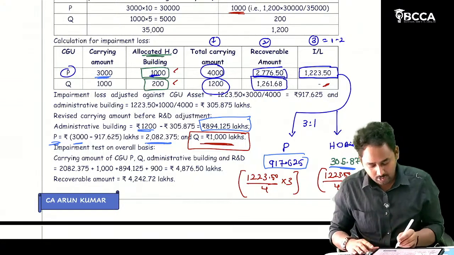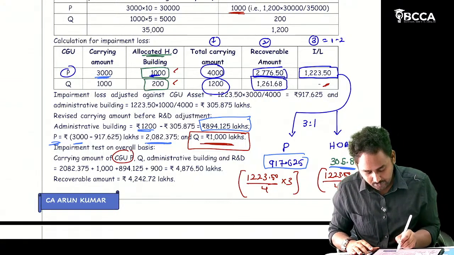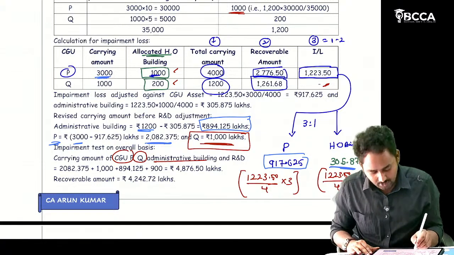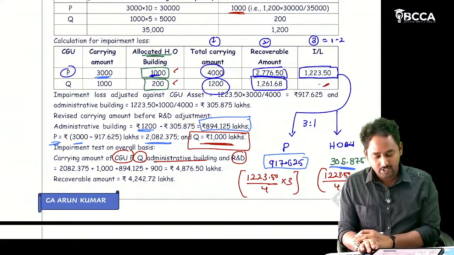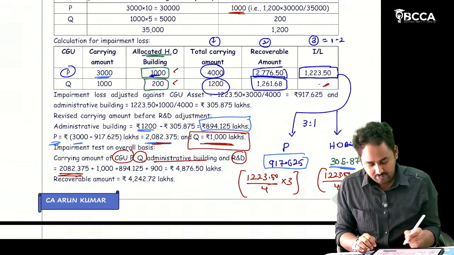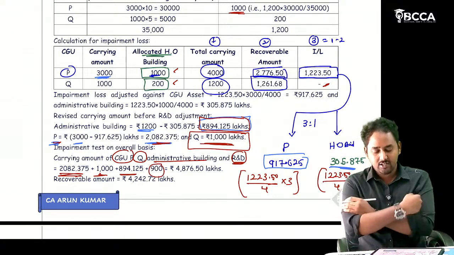So the total carrying amount of CGU P, Q, administrative building, the allocable corporate asset, and the non-allocable corporate asset R&D is 2082.375 for P, and for Q it is 1000. For administrative building it is 894.125, and for R&D it is 900.